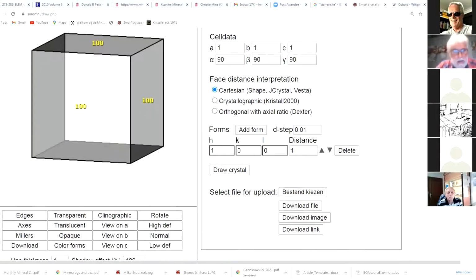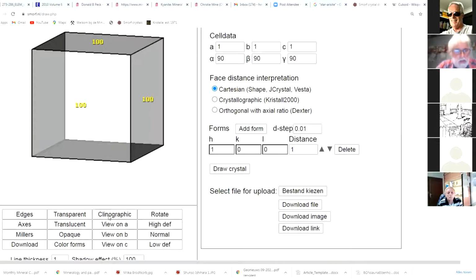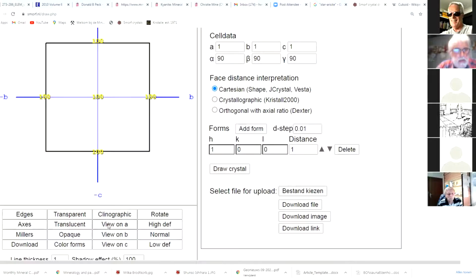Okay, what else? Oh yeah, something interesting too. Let's put the axis back on. If you click view on A, the program will actually slightly turn the crystal so the A axis is pointing towards you. If you click on B, it will do the same thing, but then B is pointing towards you. If you click on C, you will get the C axis pointing towards you.